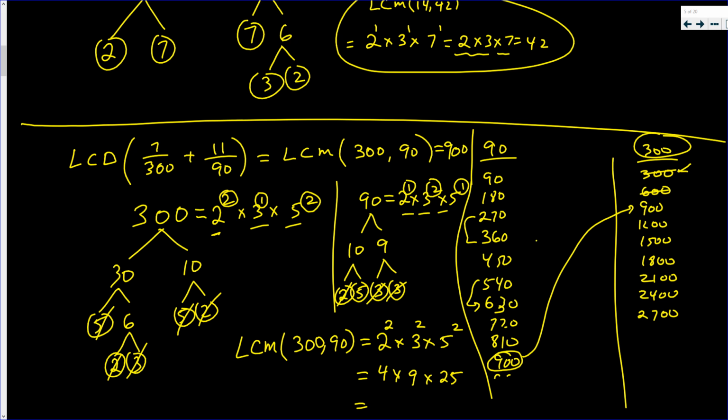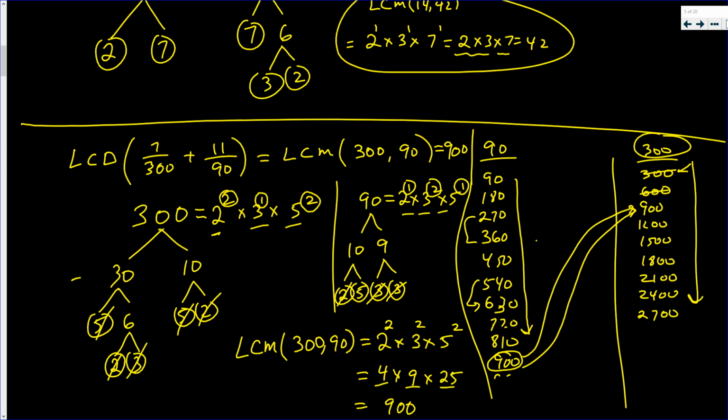Now, definitely don't run to get a calculator because it takes too long. Because this is easy. 25 times 4 is 100, times 9 is 900. The same answer we got using the times table. With the times table, the numbers we use get bigger and bigger.